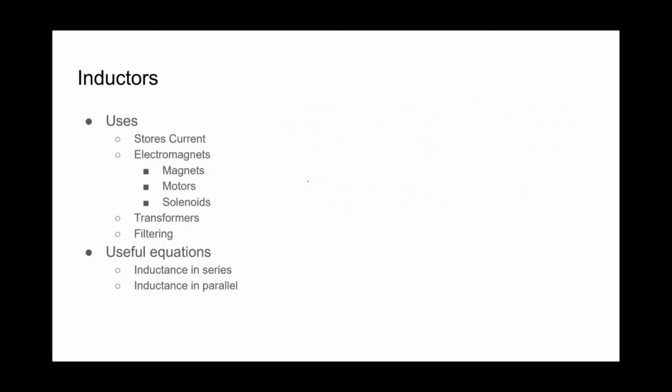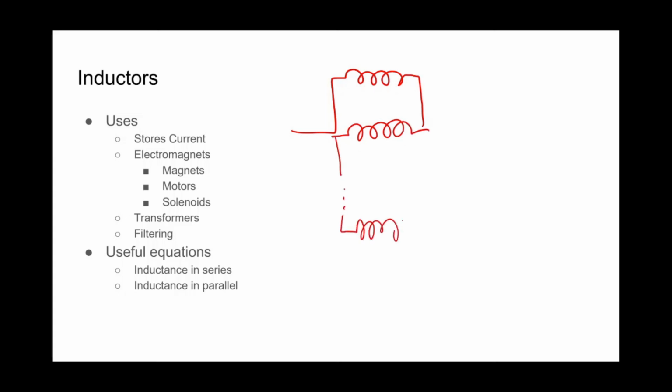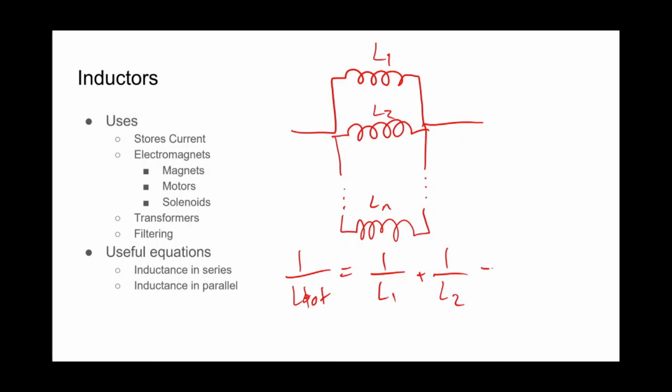However, in parallel, which would look like this, where we have L1, L2, L sub n, just like resistors, 1 over L total equals 1 over L1 plus 1 over L2 plus, and so on, plus 1 over L sub n.